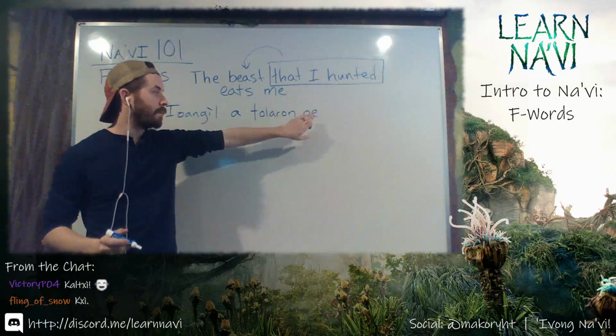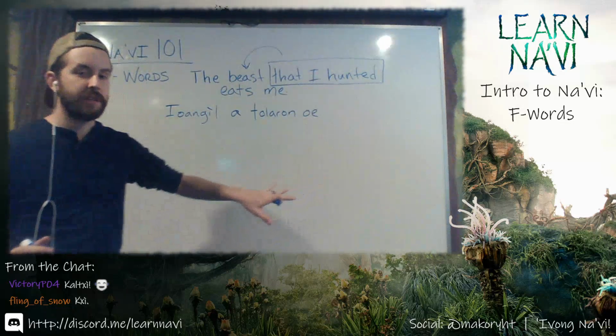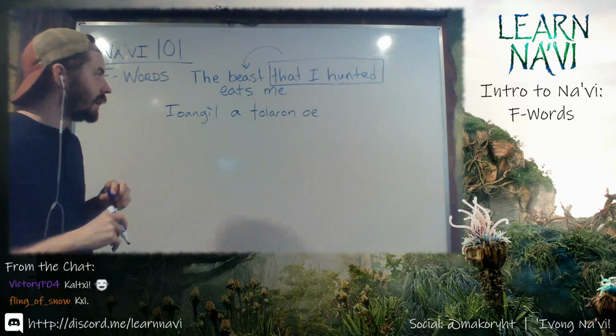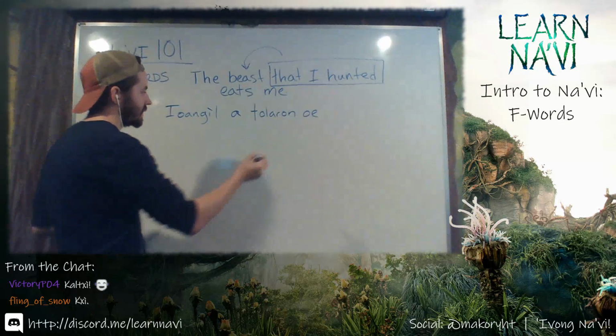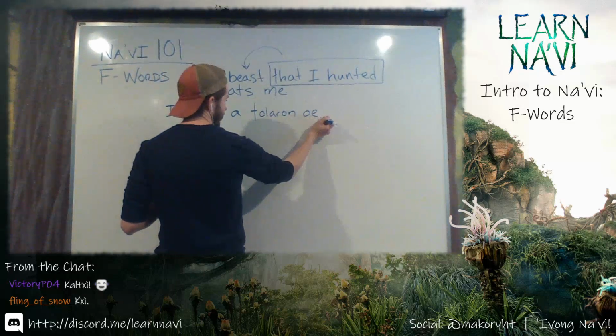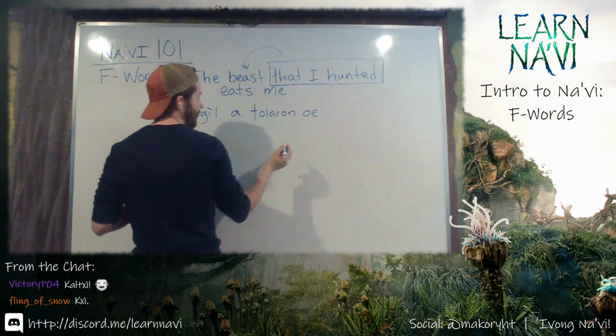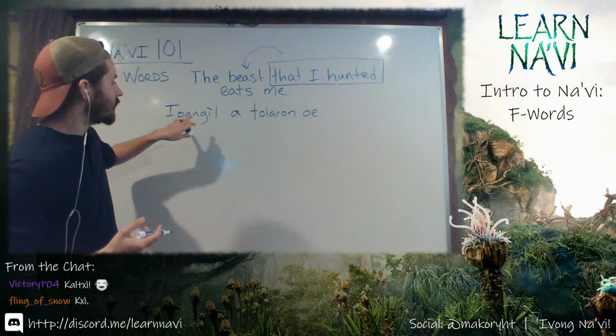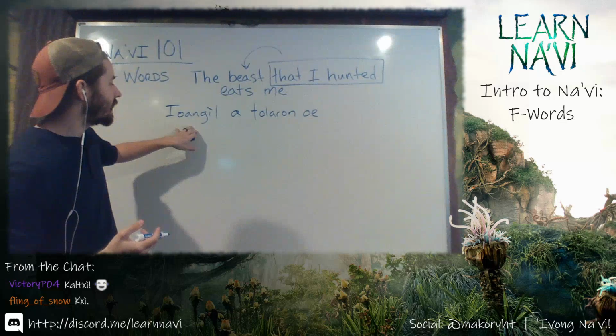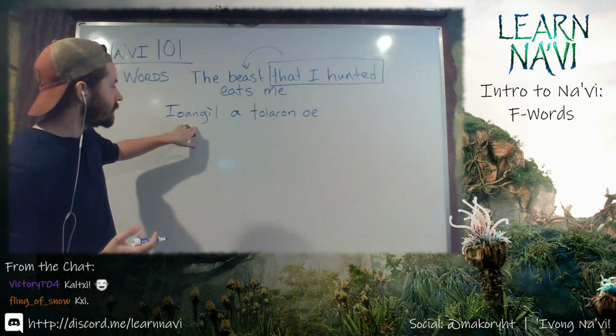This basic form, I hunted, done action. The reason why this is not taking a case ending is because there's an element of redundancy, but this is already the subject of our other sentence.